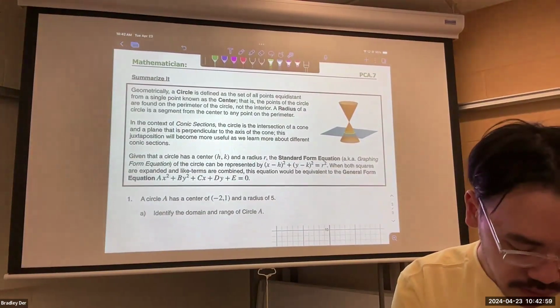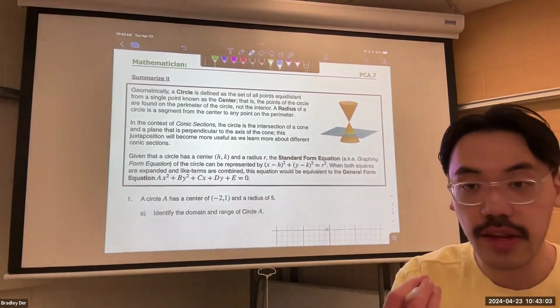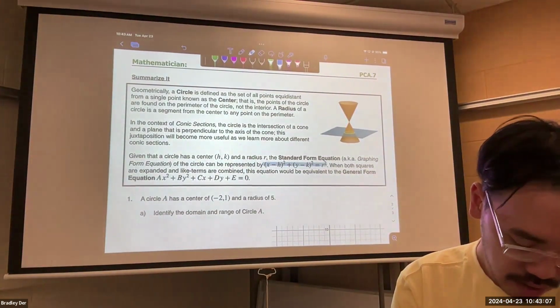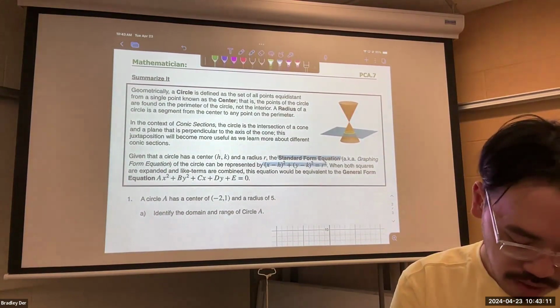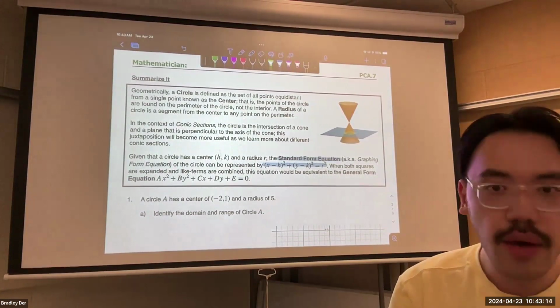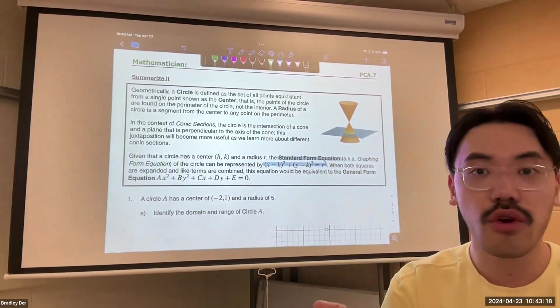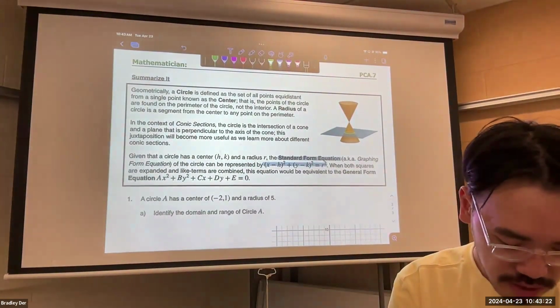And then in terms of what we're going to have to be able to do for representing circles, this is the main representation that you really have to be familiar with. We call this a standard form equation. Unlike standard form polynomials, standard form conics have a lot more parentheses involved. But basically this is what we talked about.